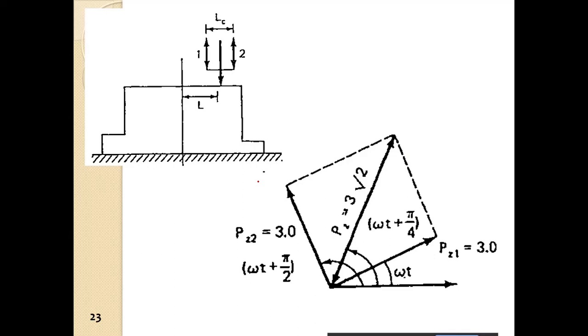If you look into the third part of the problem, you will see that it is given the exciting force is generated by moving parts and it is given as Pz equal to 3 sine twice pi into 10 into t. Okay, so twice pi into 10.